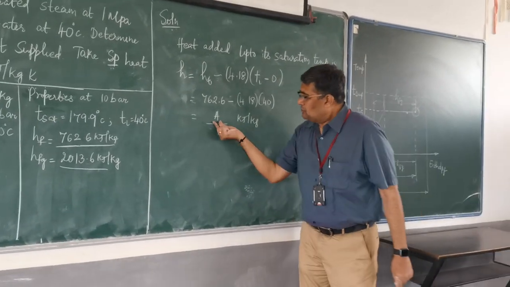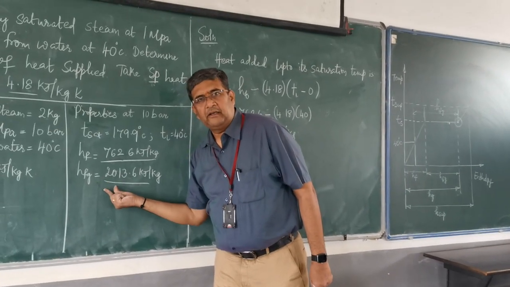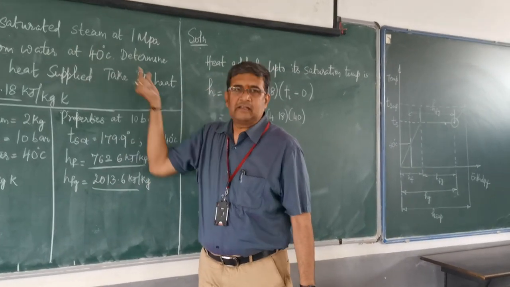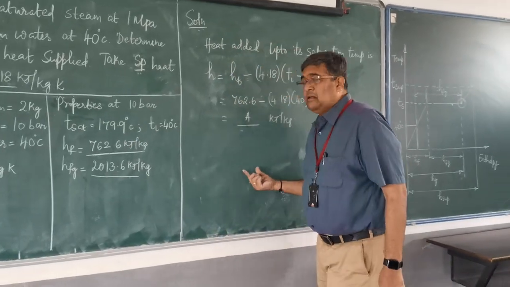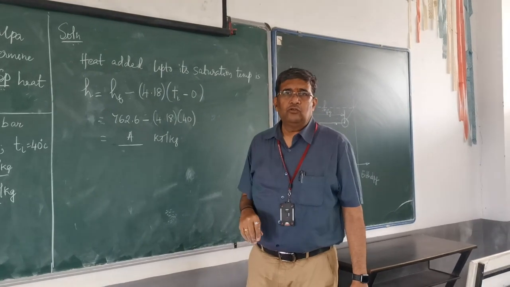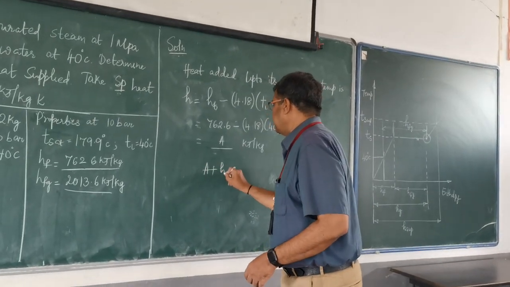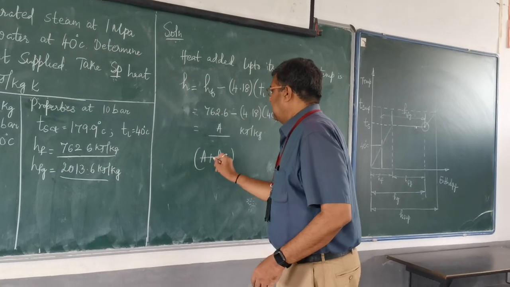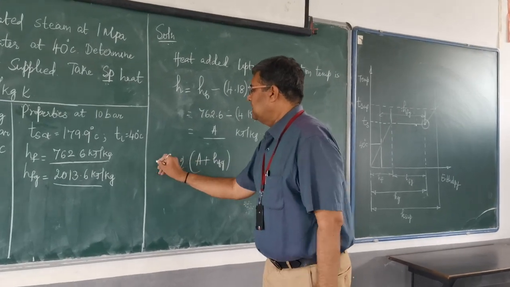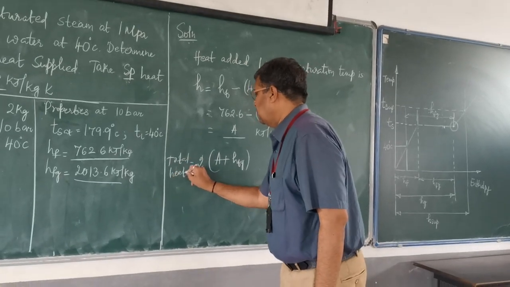Now to this value I will have to add HFG. That will be the total heat to be added to convert it into dry saturated steam. Then I multiply it by 2 to get the total heat to be added for 2 kgs. So A plus HFG multiplied by 2 will be the total heat.